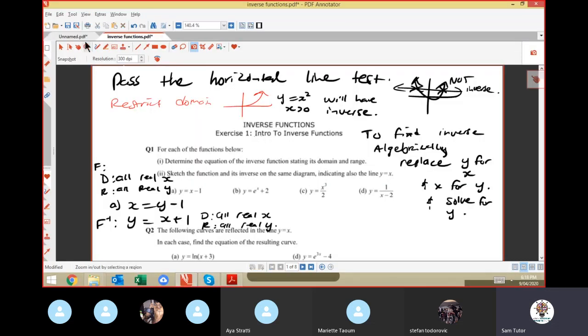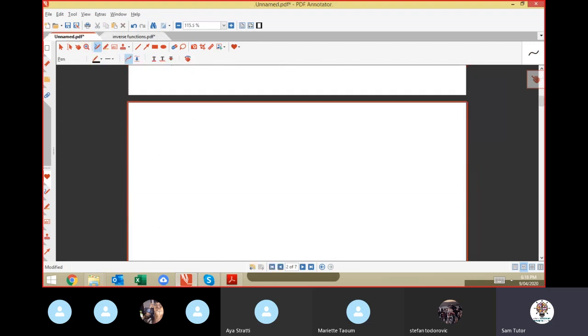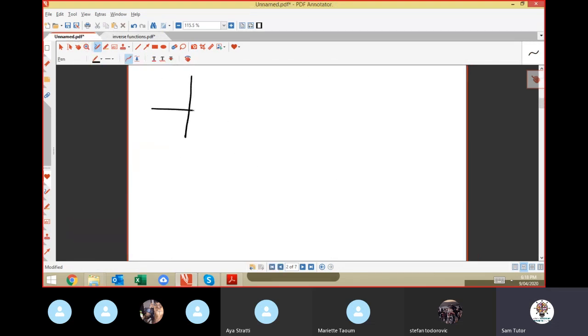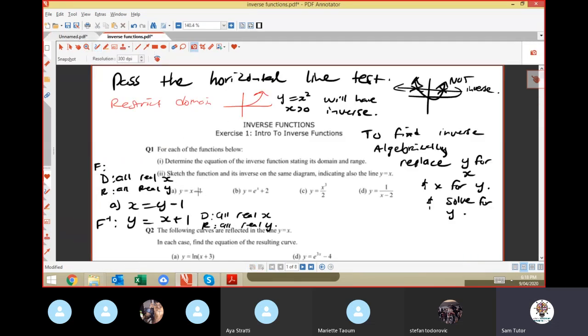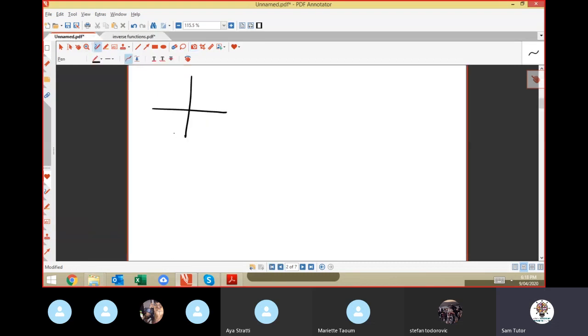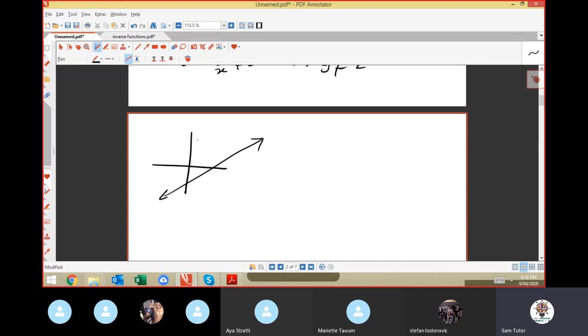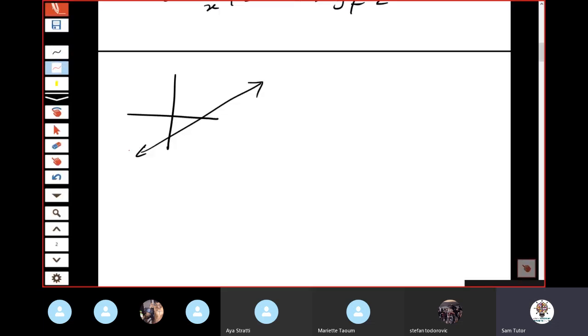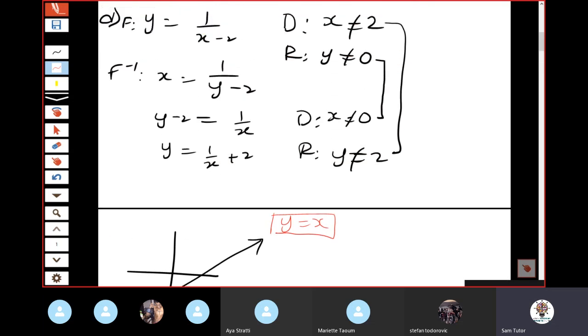So what we mean by that, if I had to draw, for example, the first one that we did, which was y equals x minus 1, it's there. It's always a rotation about y equals x. So there's y equals x. And the reason why it's about y equals x, that's the whole point of why you're substituting y for x and x for y.